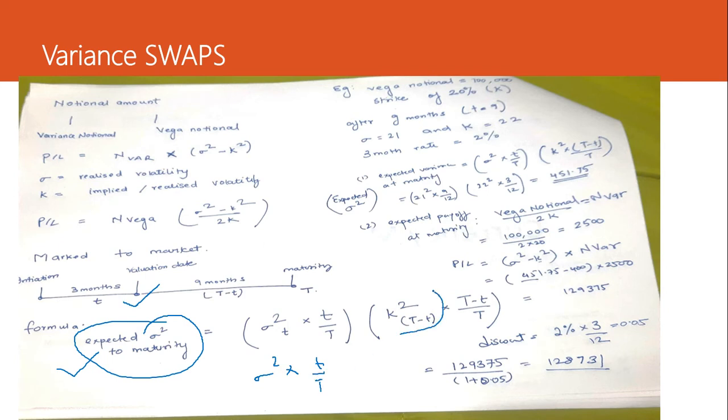Similarly for the K squared, what is the time remaining? For this, the elapsed time was t because this is realized. So this is t. Look back over here. This is the realized volatility, so it will refer to the past. This is the implied volatility, so this will look at the future. That is T minus t. Got it? So that's one way to remember this.